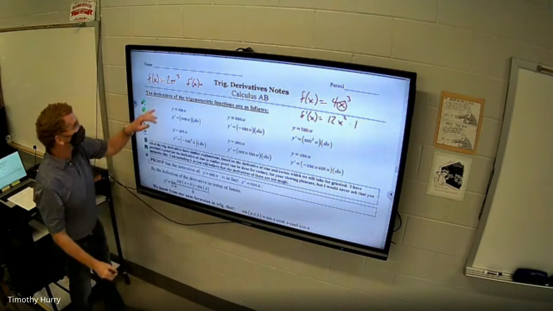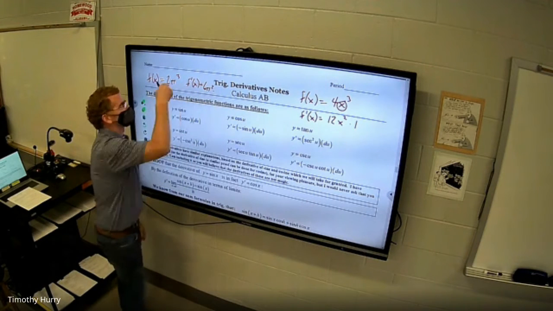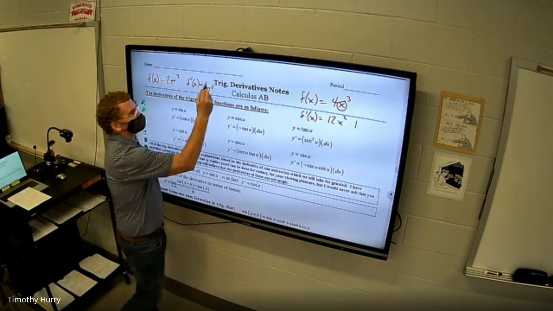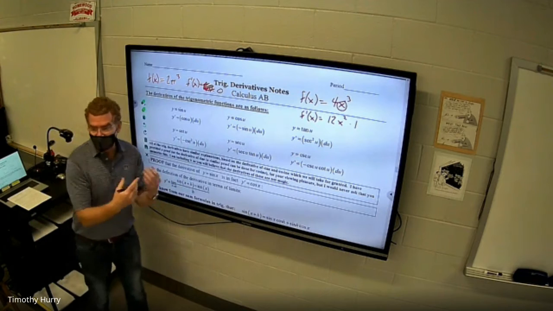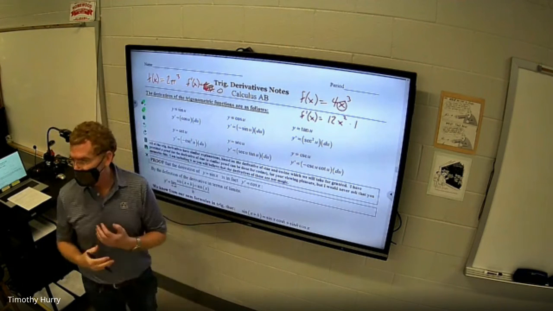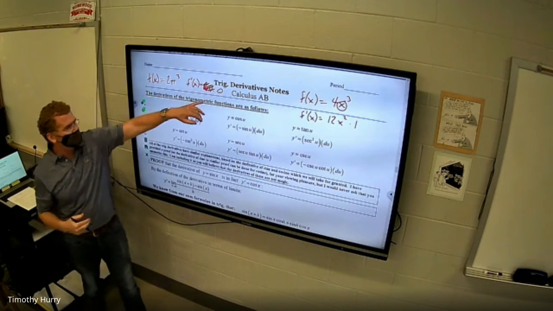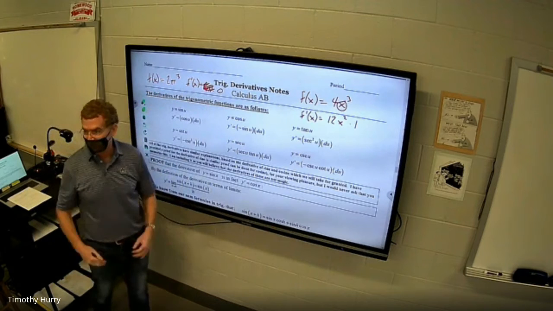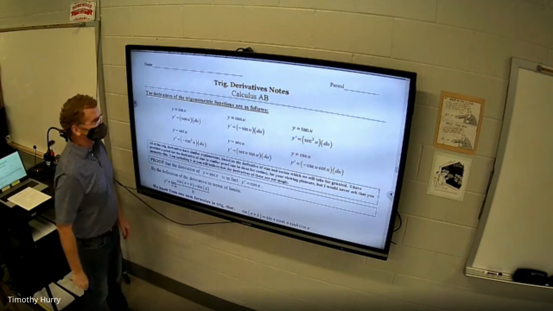But if I did that here, I would go 6 pi squared times the derivative of the pi, but what's the derivative of pi? 0, which would make all that go away. So technically, you could still do a power rule, but the chain rule that we ignore for a single x would have cleaned all that up. But most people wouldn't catch that. They would just write 6 pi squared if they're not really on their game. So remember, pi and e are numbers. Don't let that get you.